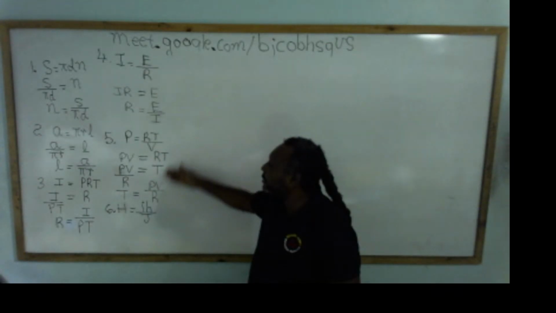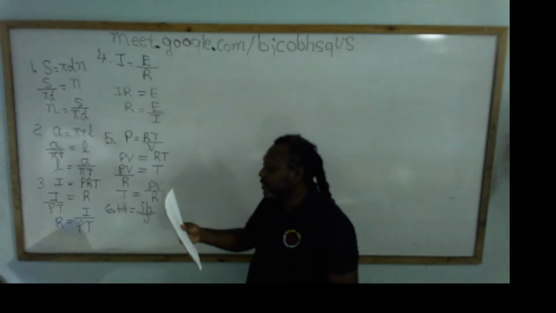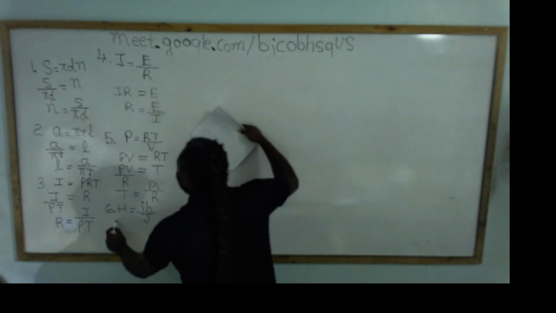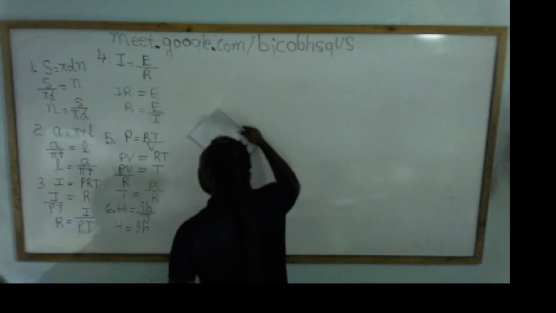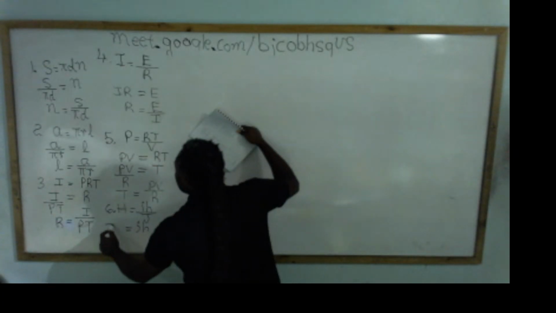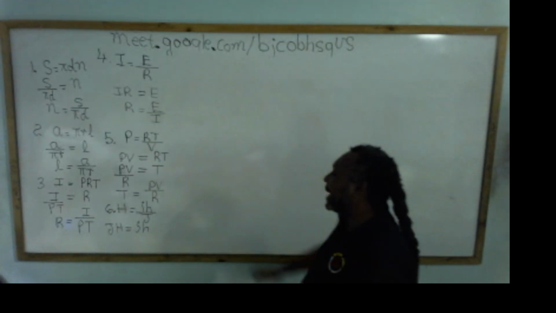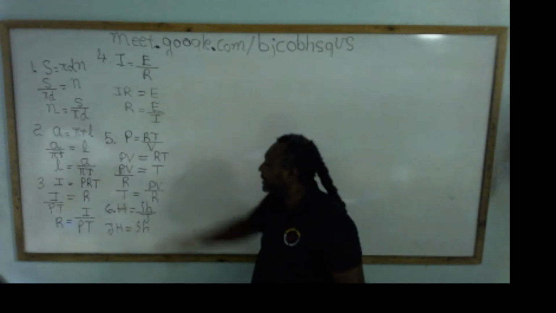And what do we do first? Because this problem is analogous to the first one, we may solve it by taking the same steps. We are making common H the subject of the formula on this occasion. What do we do first? We multiply both sides by J. Multiplying both sides by J, the capital J is eliminated from the right-hand side, and on the left-hand side we have JH.